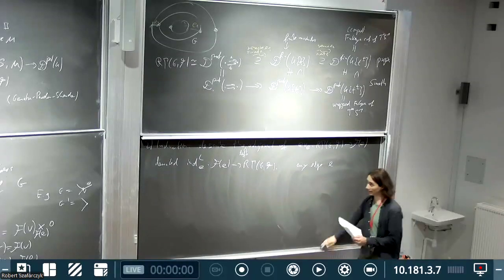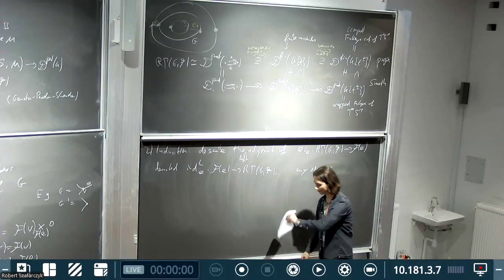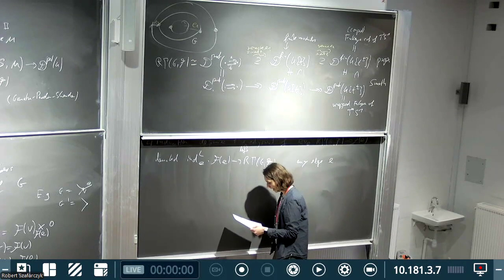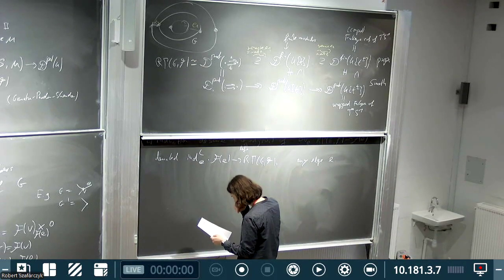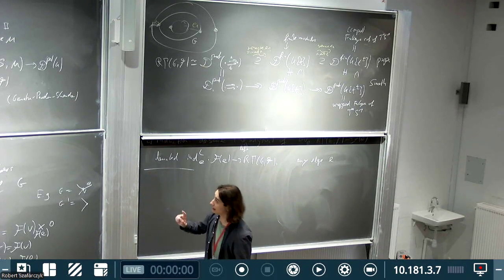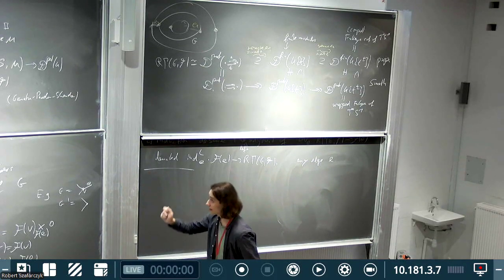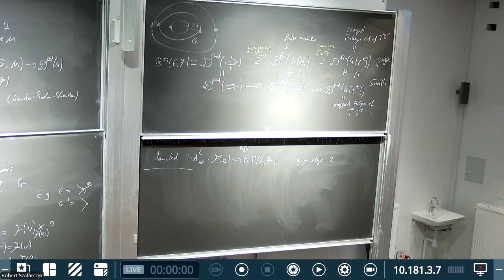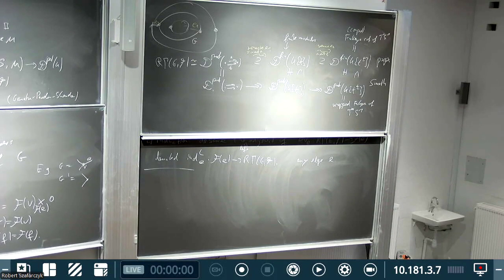And before I tell you how to describe this functor, there's one comment. We must make an observation about this gluing that we did last time. Namely, if you remember, we have these three indecomposable objects in the A2 quiver.